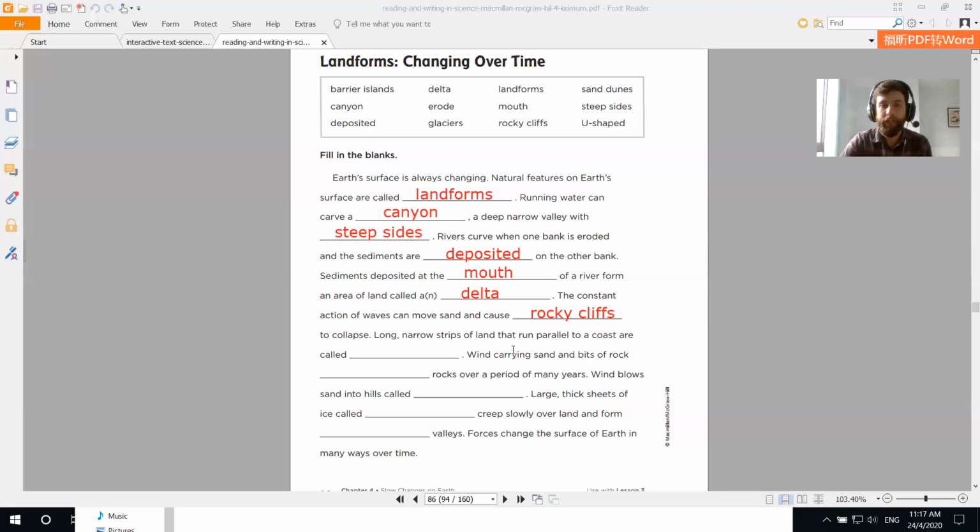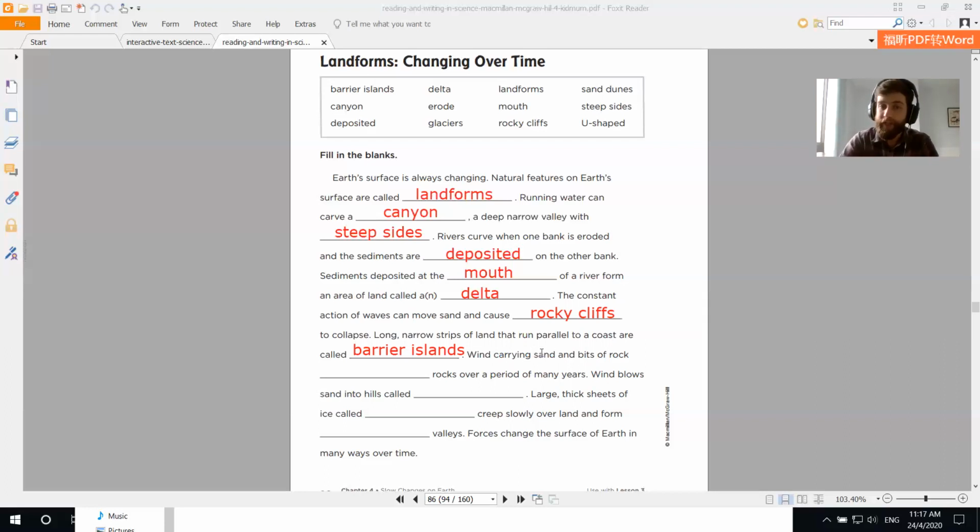Okay. Long, narrow strips of land that run parallel to a coast are called barrier islands. You have the picture in your textbook with the sand, the long piece of sand that is just in front of the land. Okay.